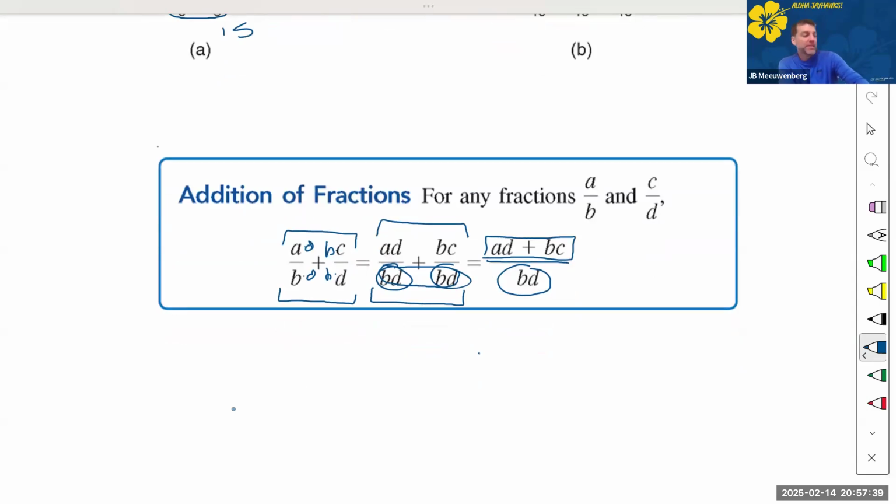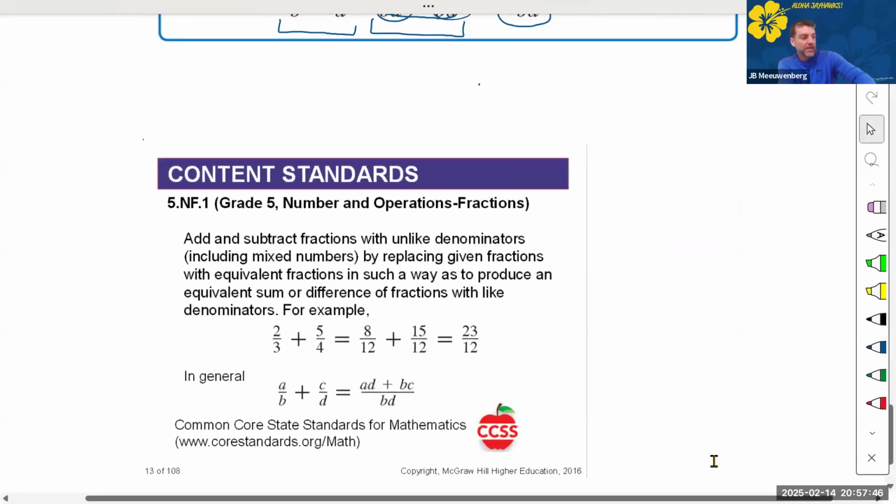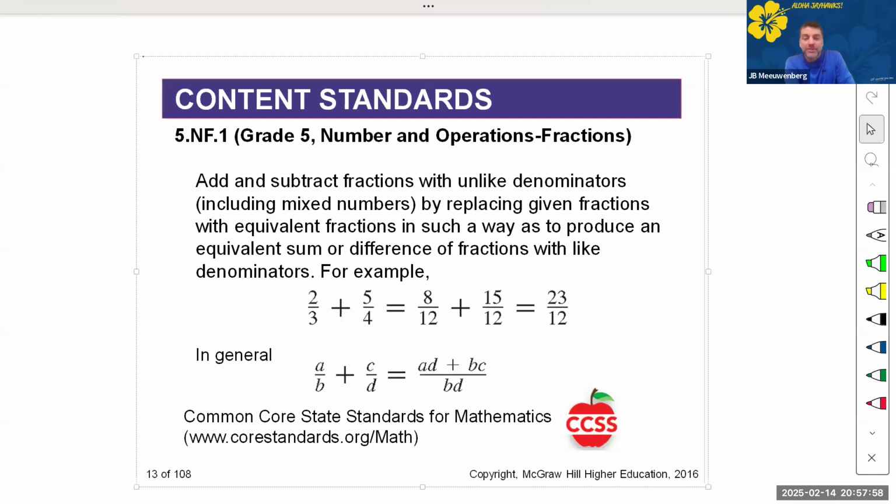Here is a statement from the Common Core Standards of Mathematics regarding what students need to be able to do in 5th grade. This is a 5th grade standard. And you'll see it is doing what we just did, right? Knowing how to add those fractions with unlike denominators.